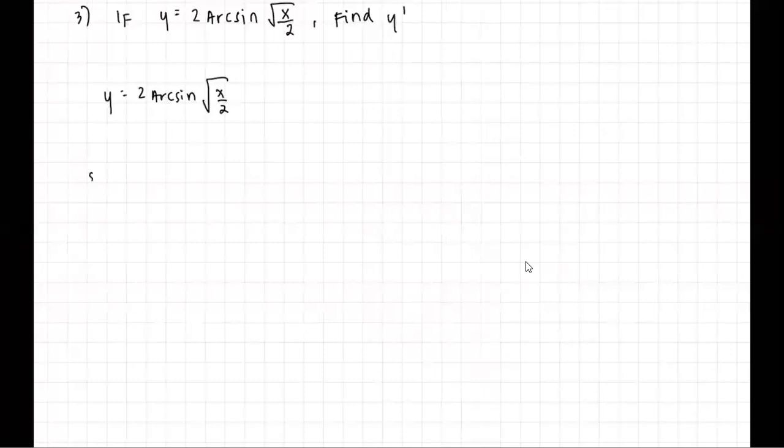So, pag arc sine daw, u prime all over square root of 1 minus u squared. Okay.